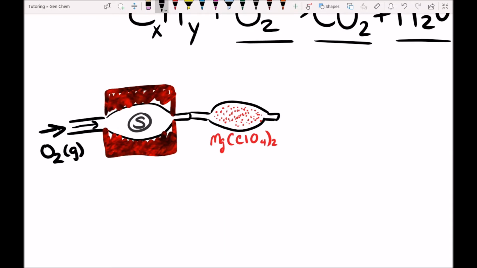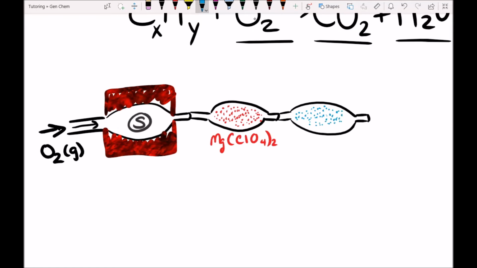The oxygen continues to flow, and it pushes the remaining carbon dioxide into the next chamber, and in this chamber we have something that absorbs the carbon dioxide produced from the combustion.